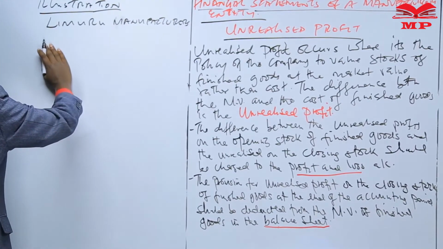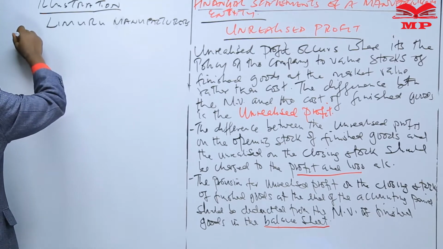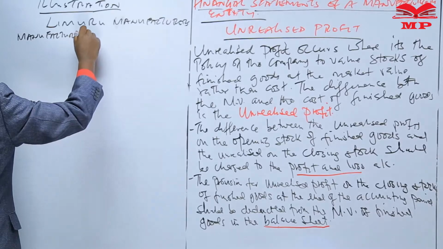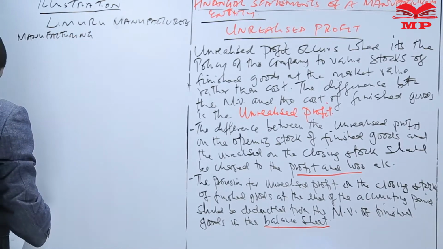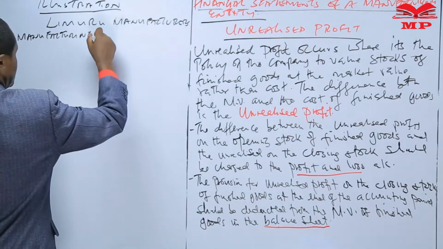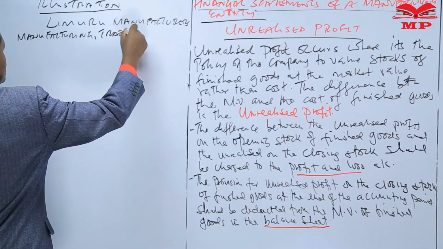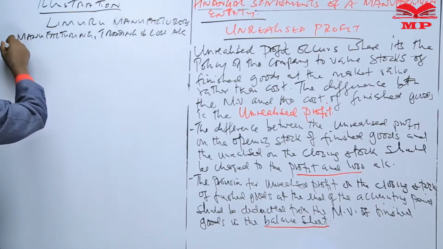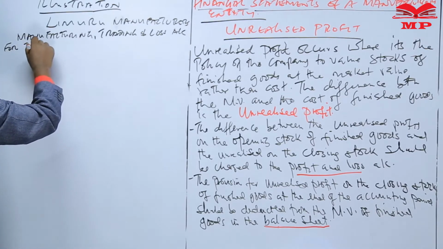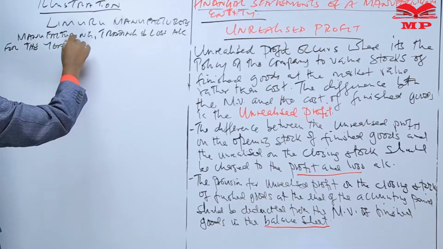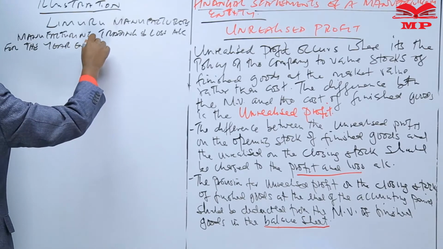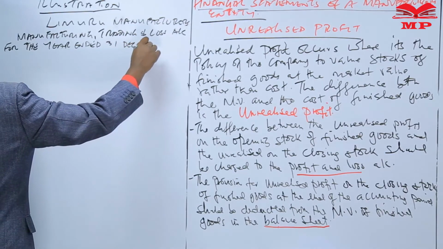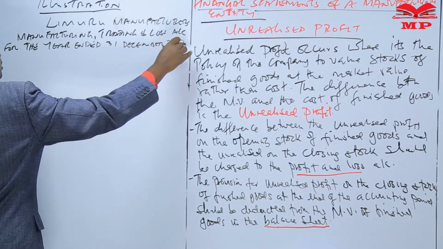We want to prepare the manufacturing, trading and profit and loss account for the year ended 31st December 2002.